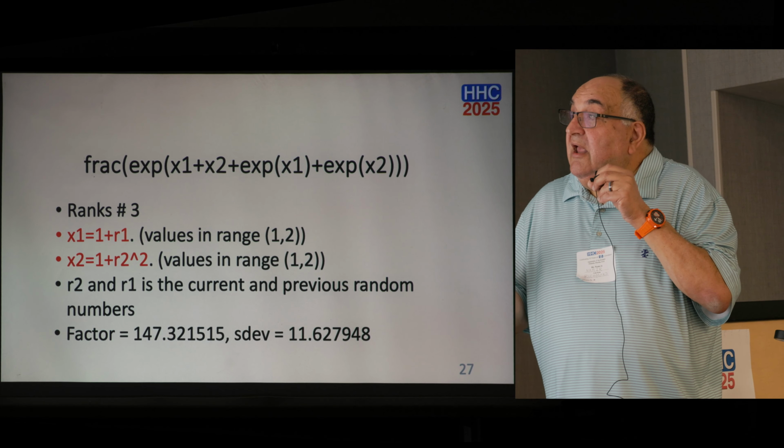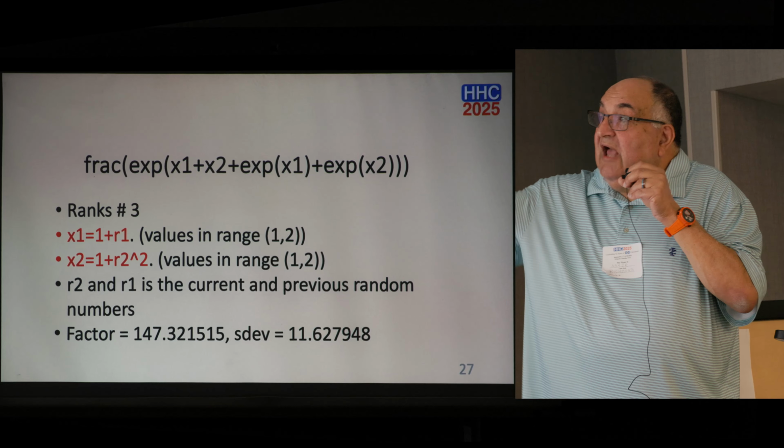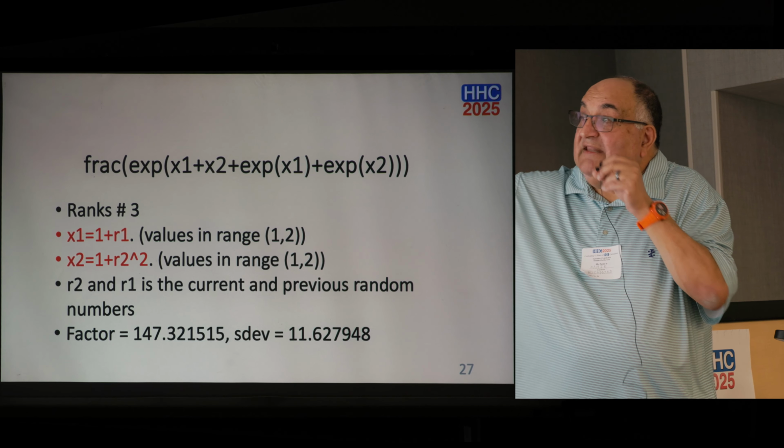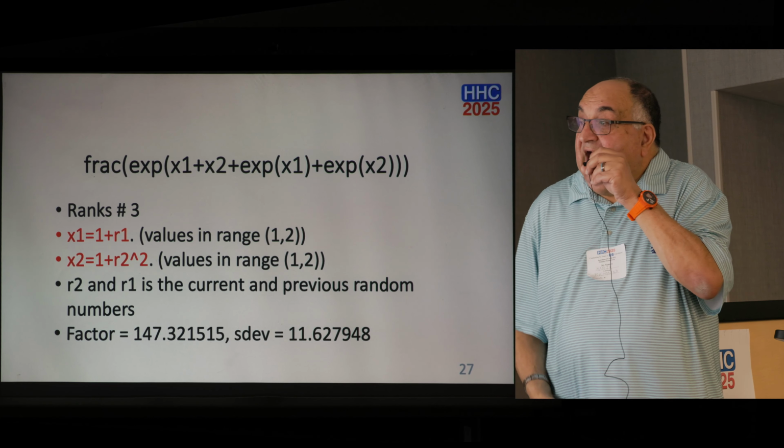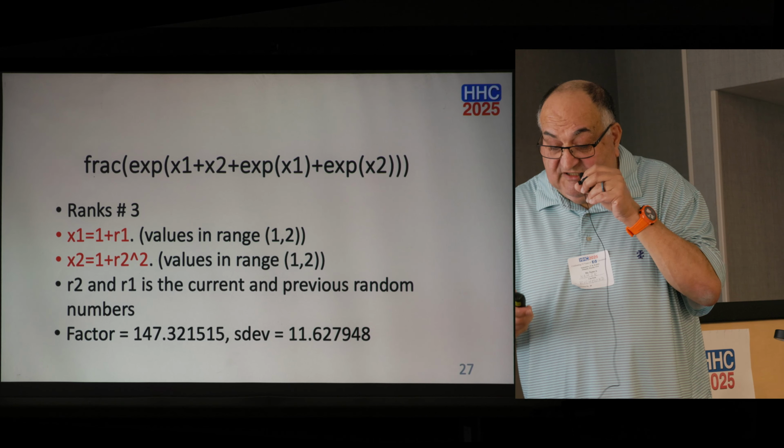The third one, here I use the same expression that I'm adding x1, x2, but I'm changing how I calculate x1 and x2. And they are both in the range of 1 to 2. And I get a penalty factor of 147.3. That's still good.